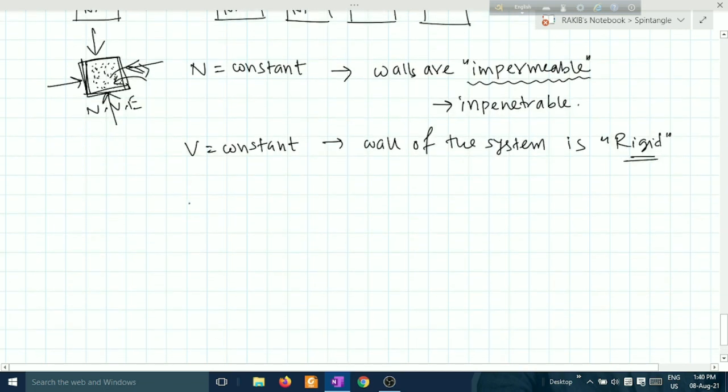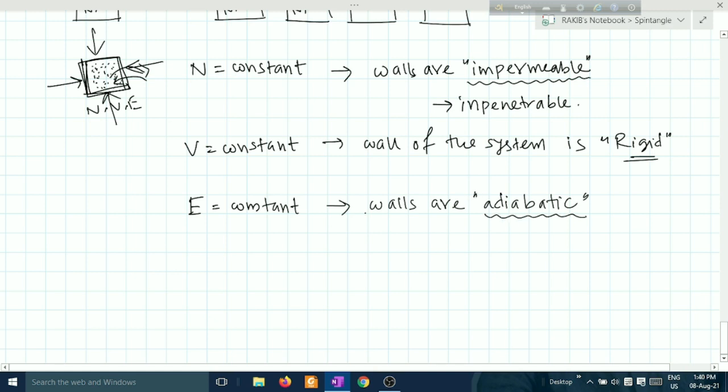And constant energy means the walls are adiabatic. Sometimes when I was in college, I used to call this thing diabetic. This is not linked with diabetes. I used to say it for fun.